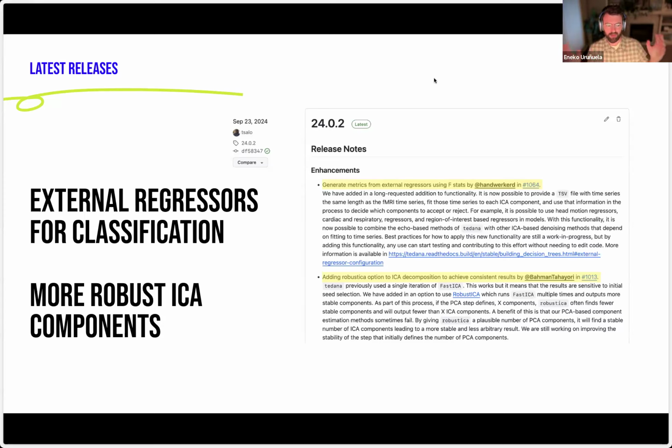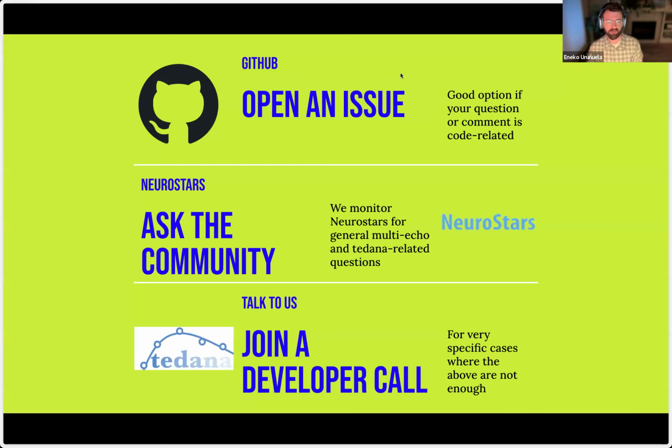We hope that all these changes help you with your multi-echo data analysis. Now, if you have any code-specific question or comment, you can open an issue on our GitHub. But generally, what we ask people to do is to ask the community on Neurostars.